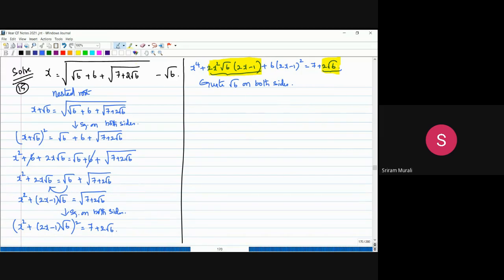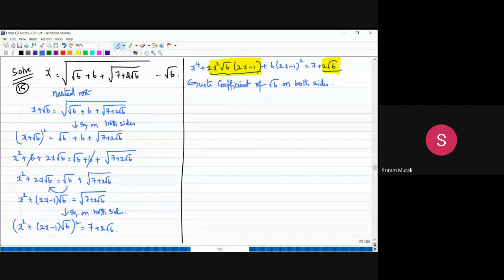So if I equate this root 6, what is the coefficient of root 6? Equate coefficient of root 6 on both sides.